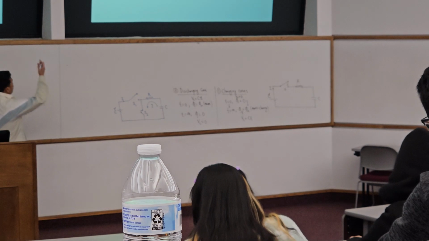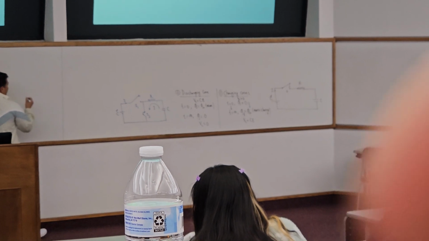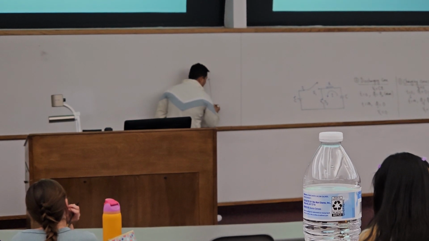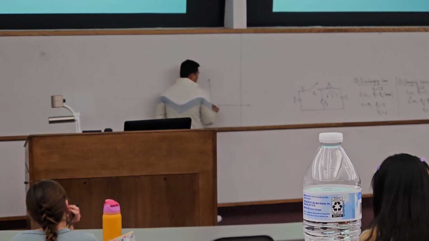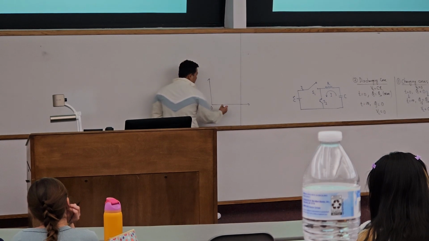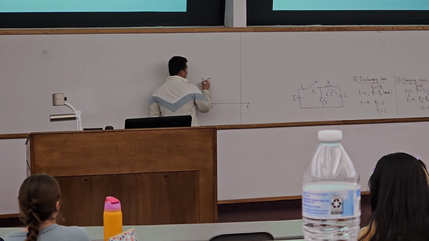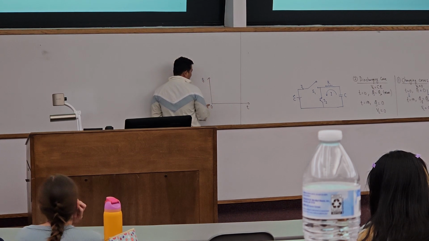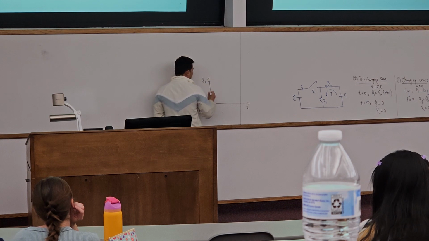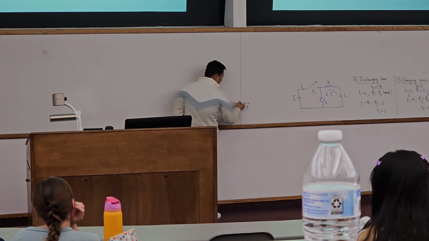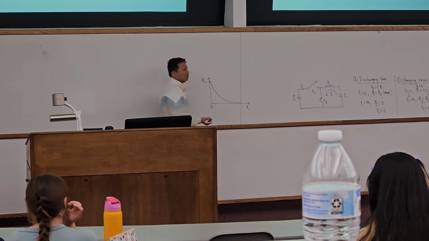We can again use the differential equation to solve it. So over here, how is the charge a function of time? This is time t, and this is charge. At t equal to 0, your capacitor is fully charged, Q0. And if you wait for a long time, the charge will be 0.